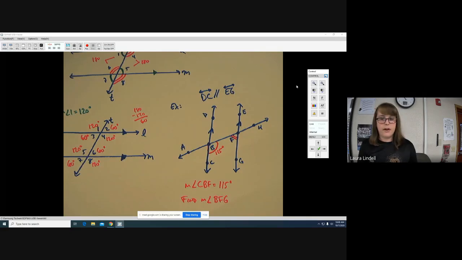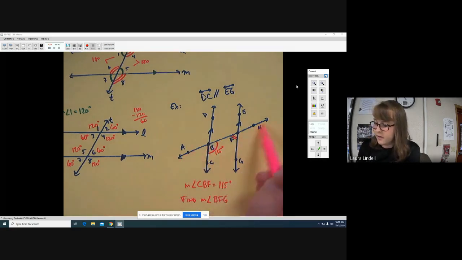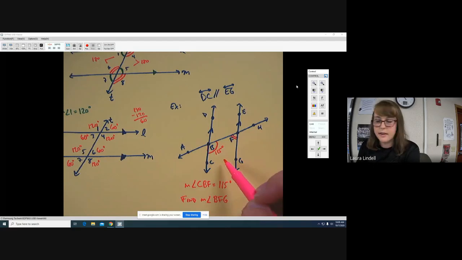All right, we have a couple different guesses here. First of all, looking at this, this is our transversal. Are they on the same side of the transversal line, or are they on opposite sides? Same side or opposite sides? Same, right? So if they're on the same side of the transversal, then that means they're not going to be alternate.